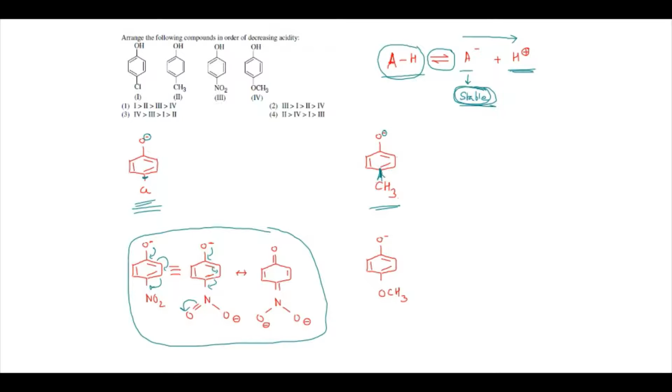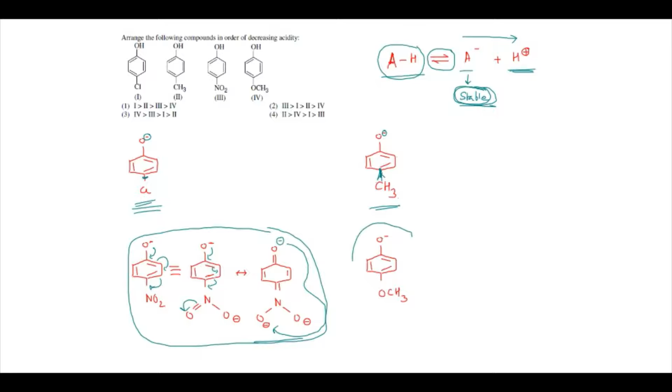This way the negative charge will be completely delocalized from the top of the oxygen here to the top of the oxygen here. So, it is much more effectively transferred from one position to another. That means the sharing of negative charge is much more effective here than in any of the other three compounds that we have seen.